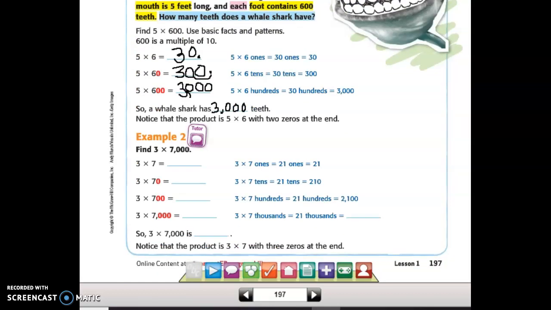So now we've got 3 times 7,000. We went back to the basic fact. 3 times 7 is 21. And so 3 times 70 would be 210. 3 times 700 would be 2,100.